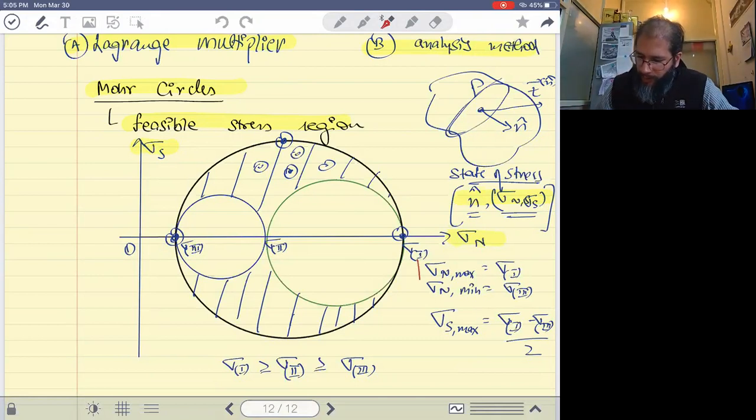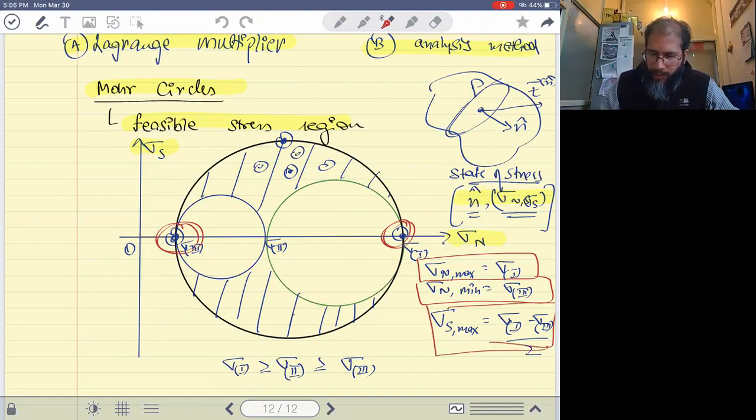So sigma n max is sigma 1, because if you see the shaded region, this sigma 1 is the maximum normal stress that you can have. Similarly, sigma n min is sigma 3, which is the minimum normal stress you can have. And then sigma s max is the maximum value the shaded region can take, which is the radius of the largest circle, or the black one, which is sigma 1 minus sigma 3 by 2.